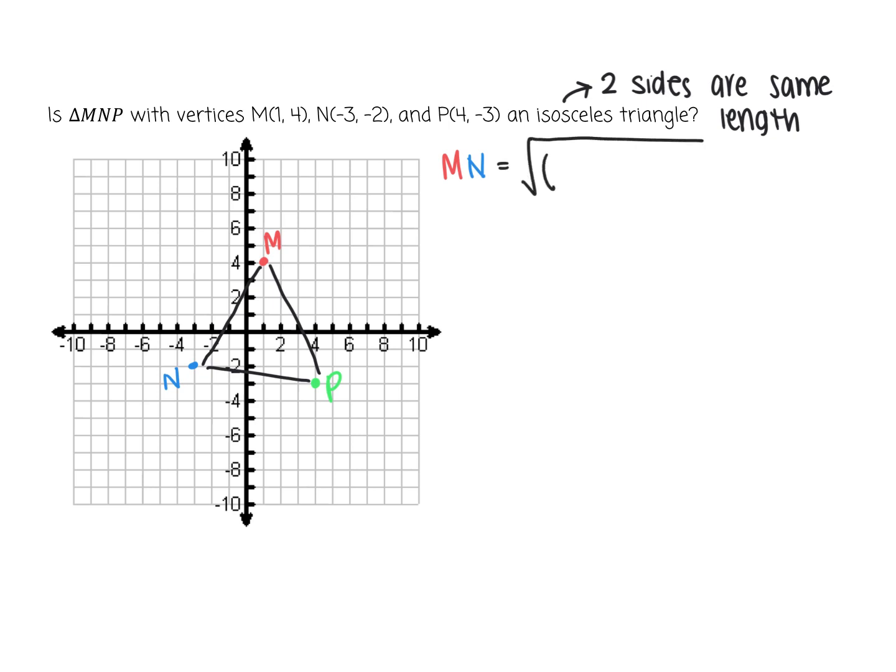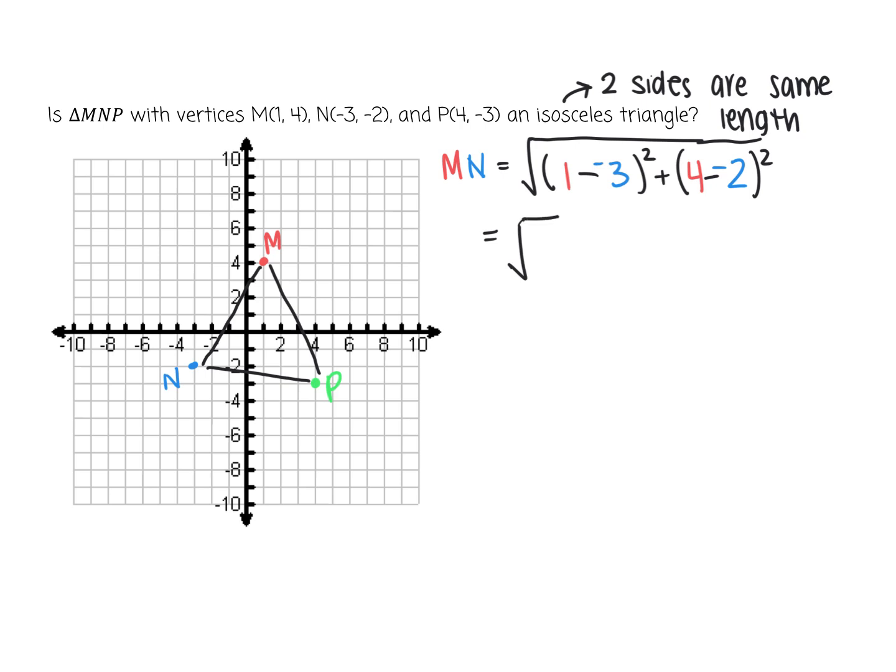So I'm going to let my M be my x1, y1. So I'm going to start with 1 minus -3 squared plus 4 minus -2 squared.